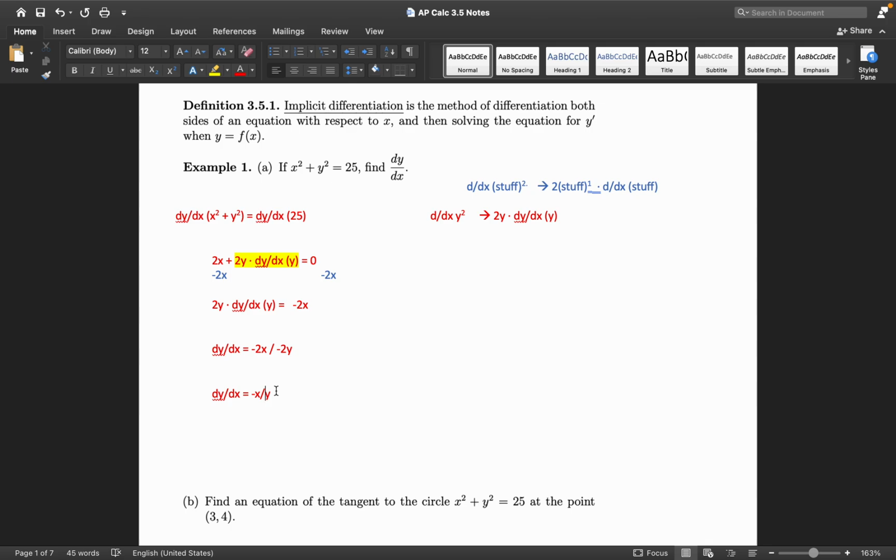What's another way to write this, though? If I don't want to write dy dx, I could also write that as y prime.